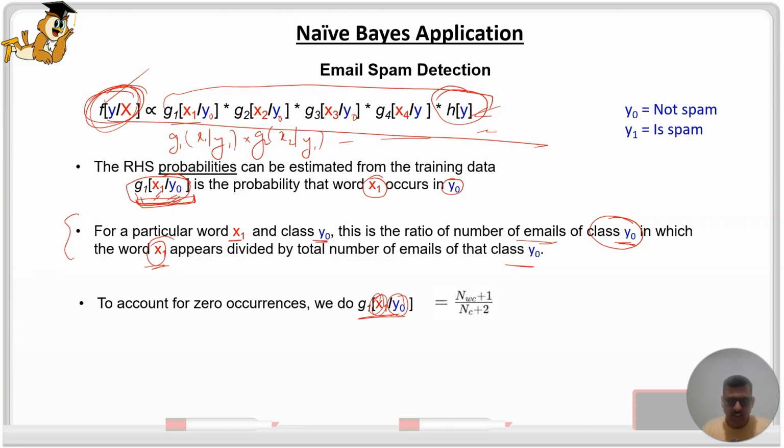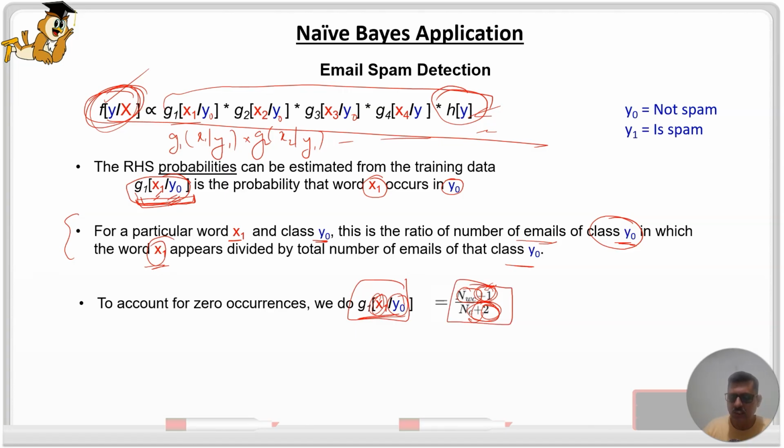So typically the way these probabilities are calculated is not just to take the direct ratios, but to add 1 to the numerator and add 2 to the denominator. You add 1 to the count, and you add 2 to the denominator because that is equal to the number of classes that you have.